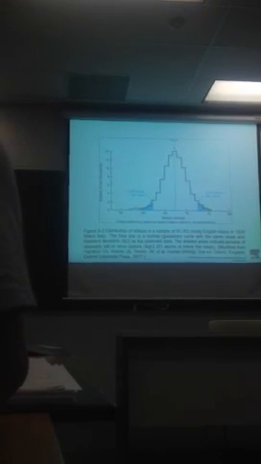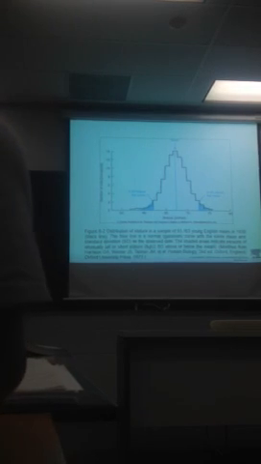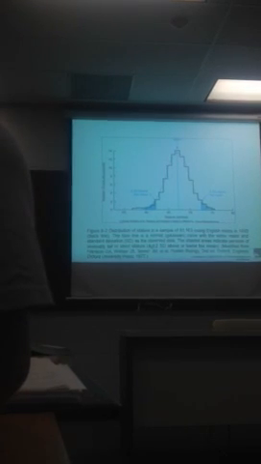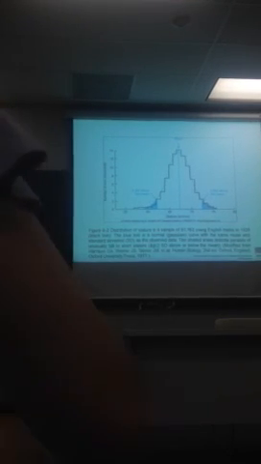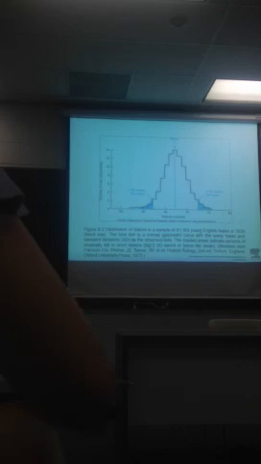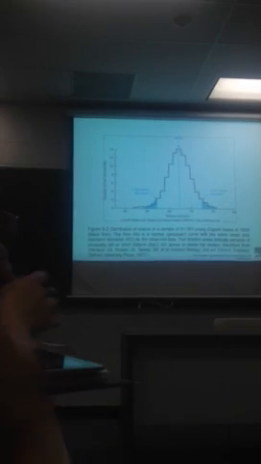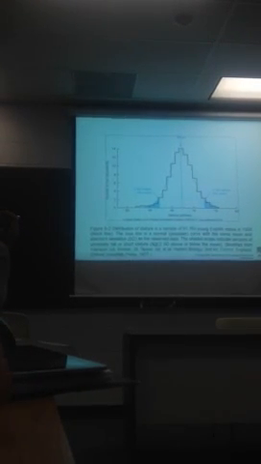There is a rule established by one fellow that this area will constitute 68%. And if I draw a line between here, that is 95. And then 3 standard deviations will be 99.7, right? So those are the 3 values in statistics.